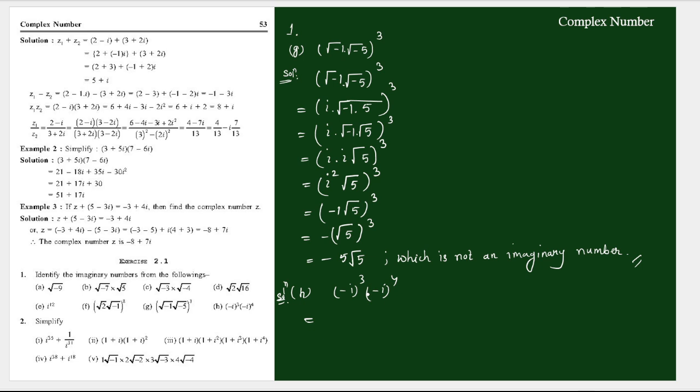Then minus i cube, this is nothing but, we can break them like this.